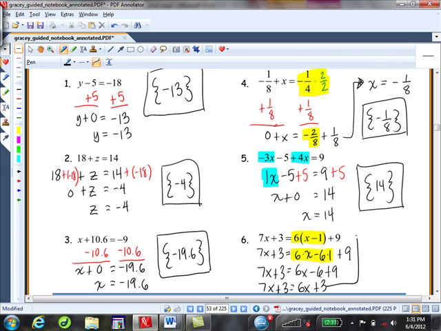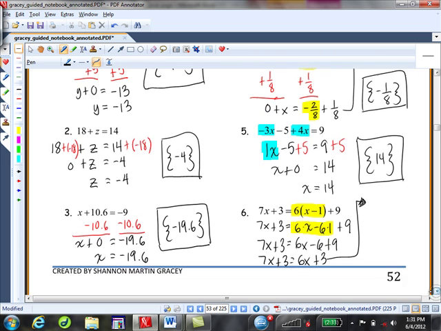Now if I subtract 3 from both sides, I will end up with 7x plus 0 is equal to 6x plus 0, which gives us 7x equals 6x.